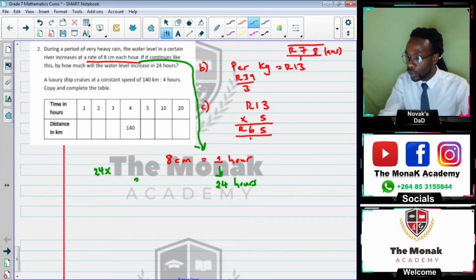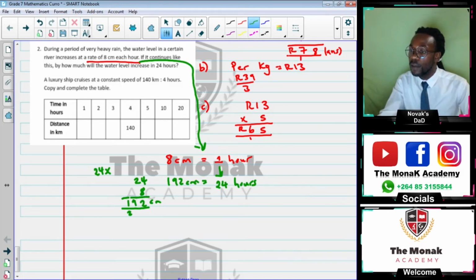So 24 by 8. 8 times 4, 32. 2 carry 3. 8 times 2, 16 plus 3, 19. So this one will also become 192 centimeters.